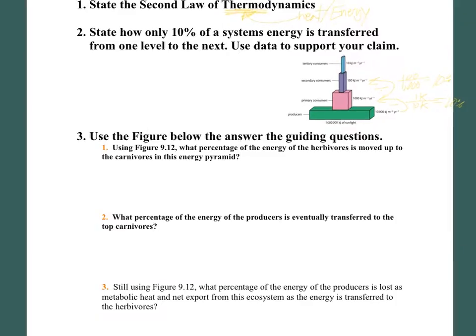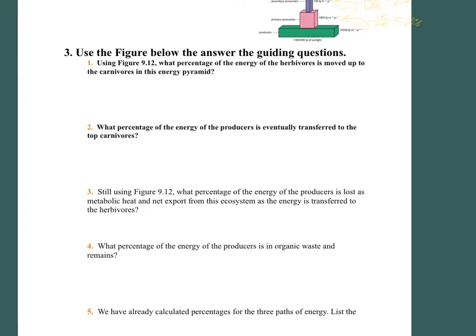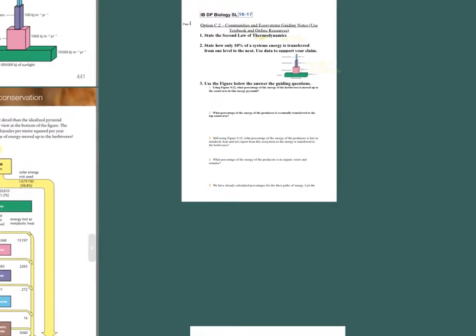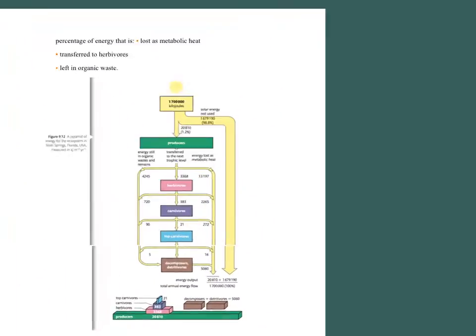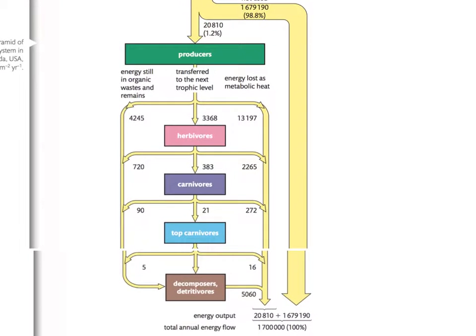Use figure 9.12. Calculate percentage energy of herbivores is moved up to carnivores. So we have to go down herbivores to carnivores, transfer to the next level. So we're going to take herbivores' energy, carnivores. So we got 383 divided by 3,368.